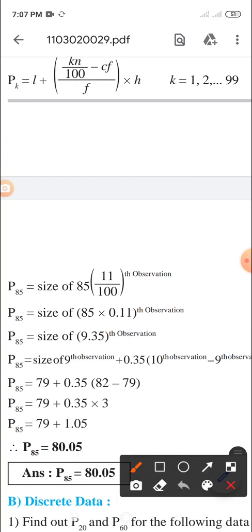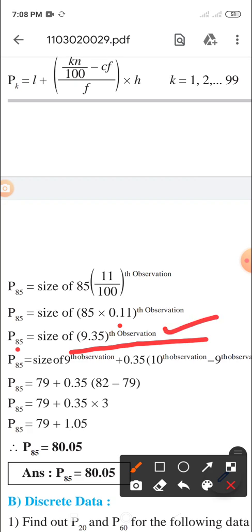So P85 is equal to size of 85 into 0.11, because 11 upon 100, the answer is 0.11. So the next step, P85 is equal to size of 85 into 0.11, answer is 9.35 observation.